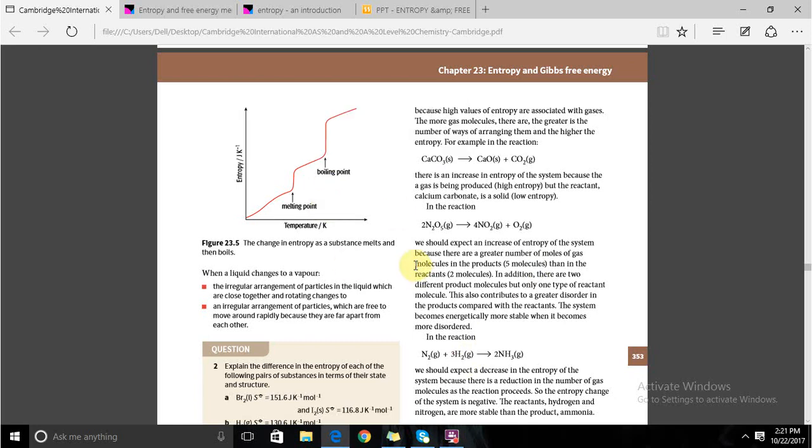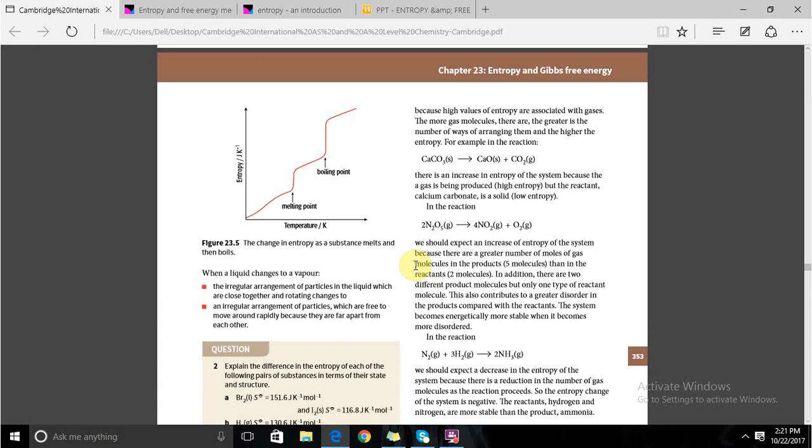Right, so when we talk about the decomposition of calcium carbonate to calcium oxide and CO2, it is safe enough to guess that entropy is increasing because we're getting a molecule of CO2, which is a gas, and gases have significantly higher entropies. Moreover, we're getting two products from one, so the number of products has increased.